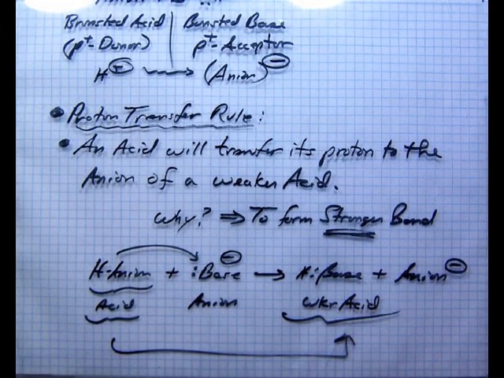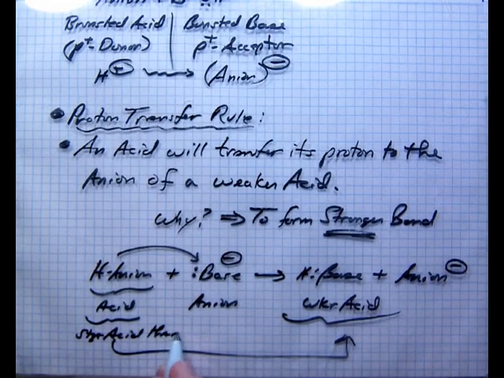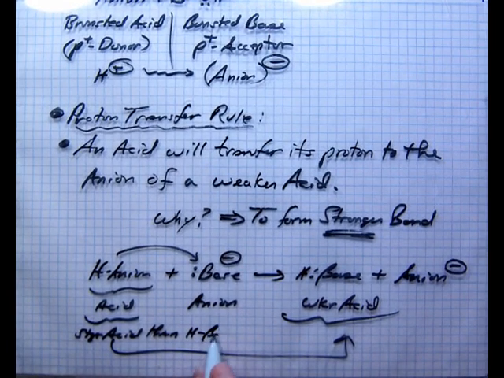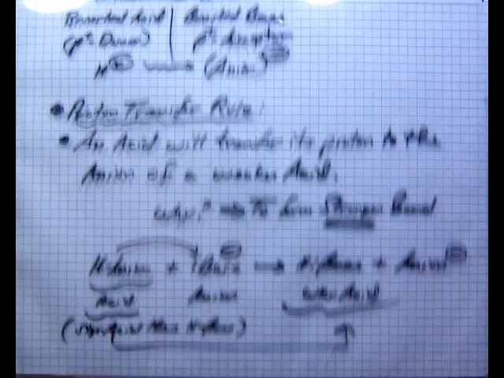So when the products show up with the hydrogen attached over here, that's going to be a weaker acid than the one the hydrogen left. This is a stronger acid, that H anion on there. Well, there are many proton transfer reactions based upon how strong the anion is.